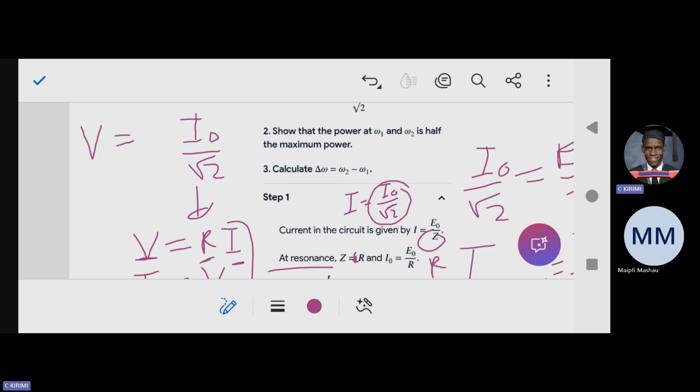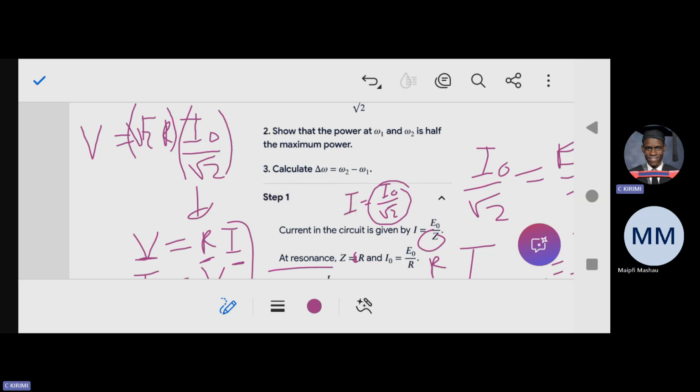So my resistance must also be root of 2 multiplied by R, so that those root of 2 can cancel out, so that the value of the voltage remains constant.